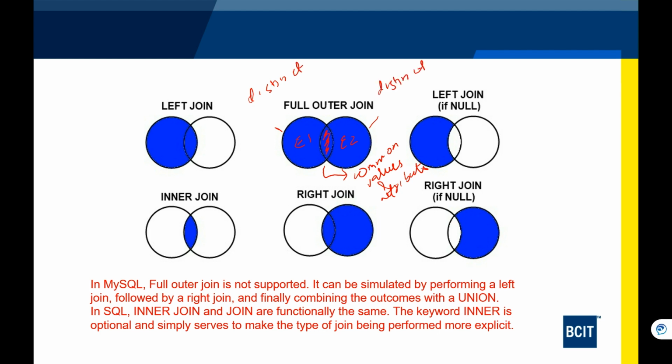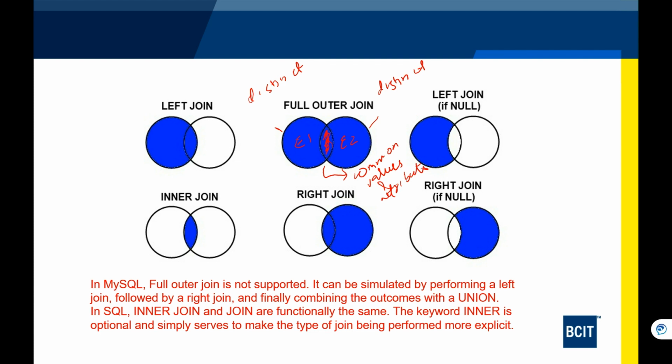So whenever we use a full outer join, we are trying to retrieve all the information, whether it is common or different, as a whole.